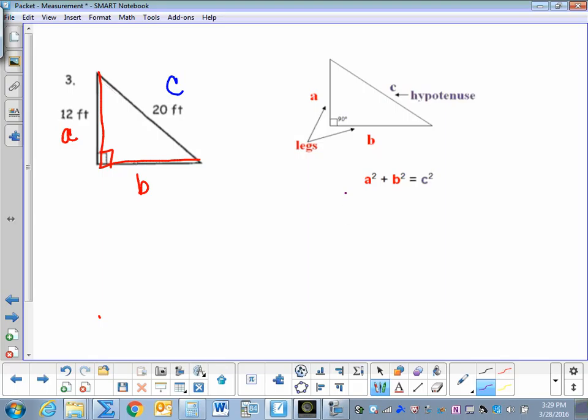So a squared is 12, so 12 squared plus b squared equals 20 squared. 144 plus b squared equals 400.